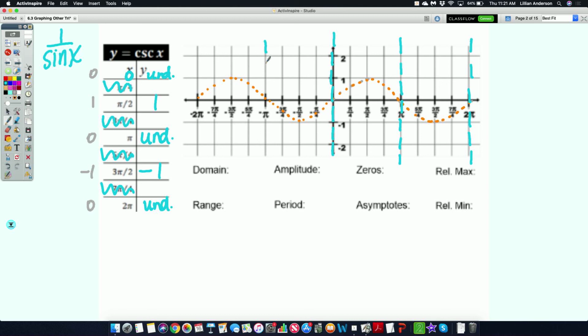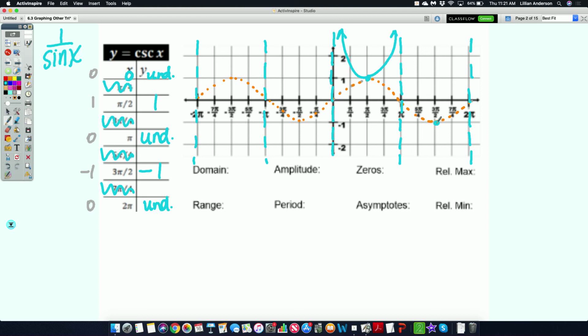Even on the negative side. Now I'm going to put in these other points. At pi over 2, I'm at 1. At 3 pi over 2, I'm at negative 1. Now the graph of cosecant looks like so.